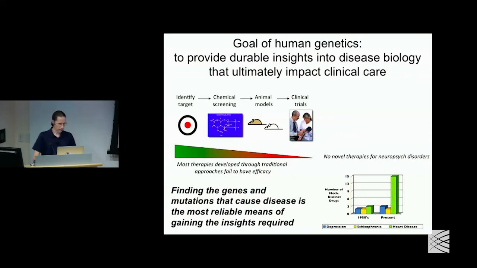Putting that another way, we're not very good at developing drugs as a biomedical community unless we can start with credible hypotheses that targeting a certain gene or a certain pathway is very likely to be efficacious in this disease.